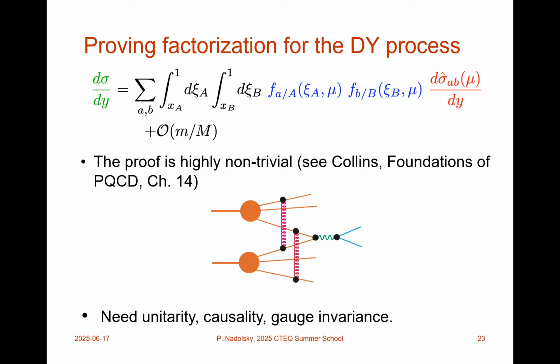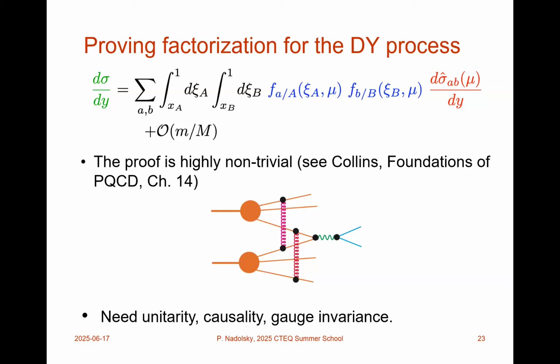And furthermore, something else I would like to mention. What also helps in this case is that this is the single inclusive production of a colorless final state. This fact again simplifies the proof of factorization, because if the state were to carry color, you could have additional interactions between initial state radiation and the final state radiation, and then the whole formalism of proving factorization becomes intractable.